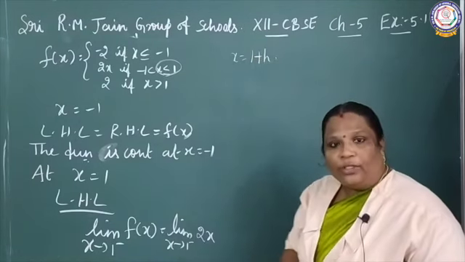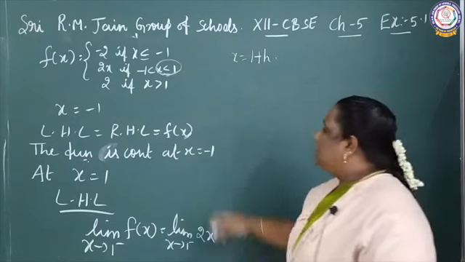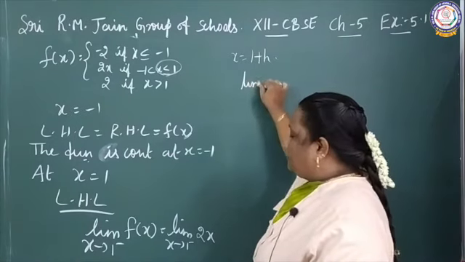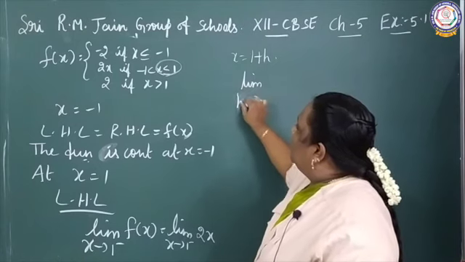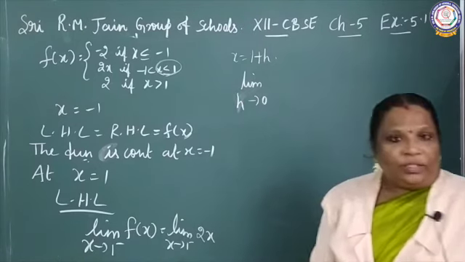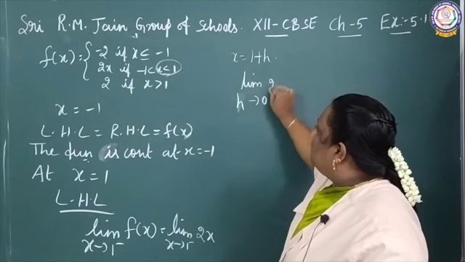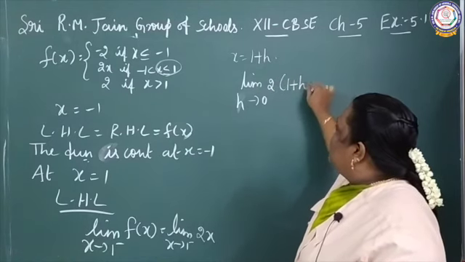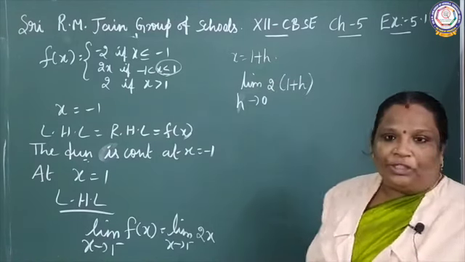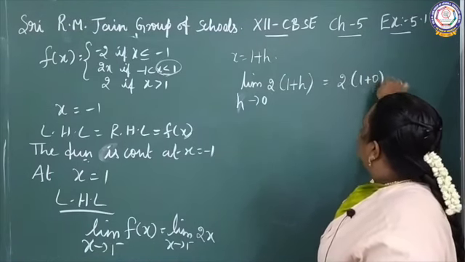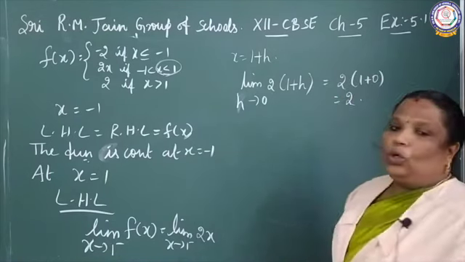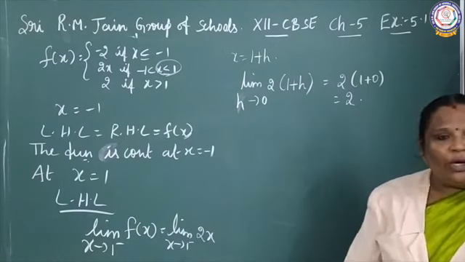Limit h tends to 0 of 2 into, you replace x by 1 plus h. So it gives 2 into 1 plus 0, the value is equal to 2.